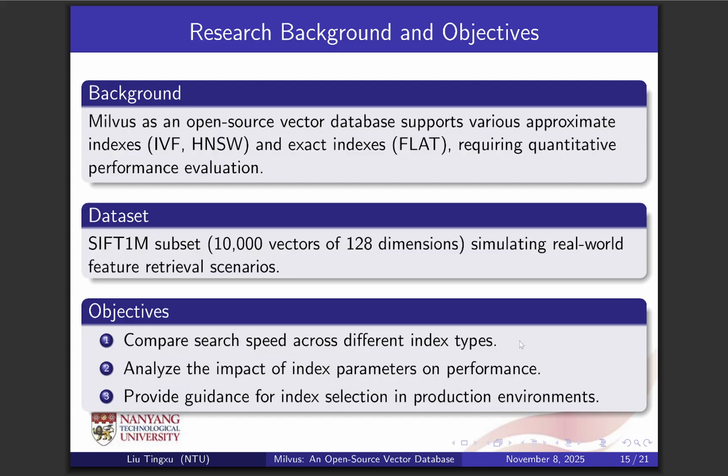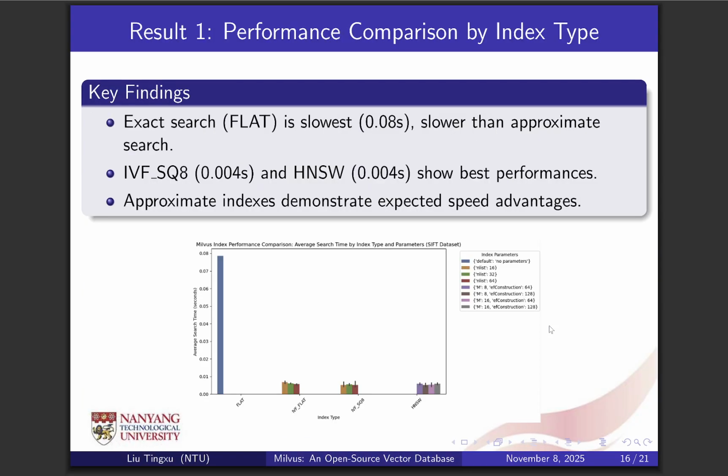The detailed index types I will talk about in the next slides. Next, we want to analyze the impact of index parameters on performance. Finally, we want to provide guidance for index selection in production environments.